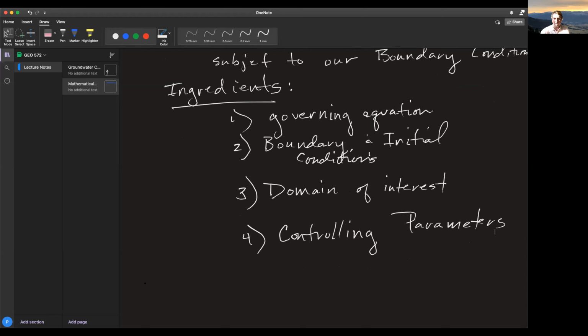Our governing equation is the heat flow equation. So for our model, we have one, the heat flow equation.